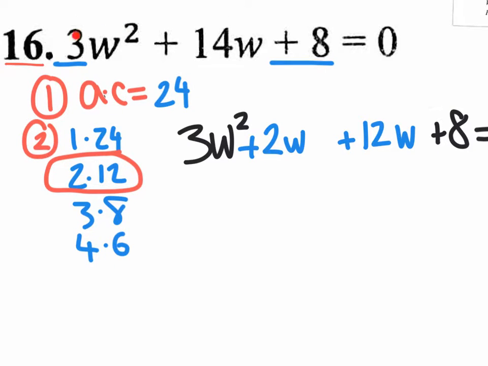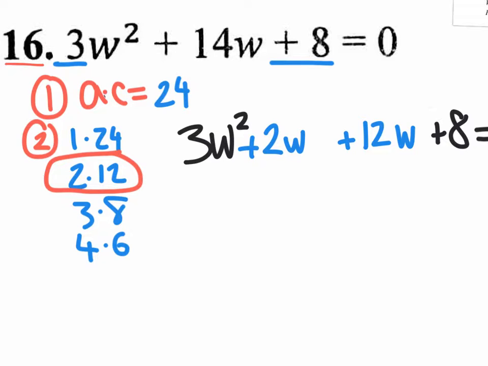You have 3W squared plus 14W. If you think about 2W plus 12W, that really is the 14W that we originally had up there. And this is step 3, where you convert your trinomial, 1, 2, 3, to your polynomial, 1, 2, 3, 4. Not only that, I strategically left a gap right here because the whole purpose of changing it from 3 terms to 4 terms is to do factoring by grouping.